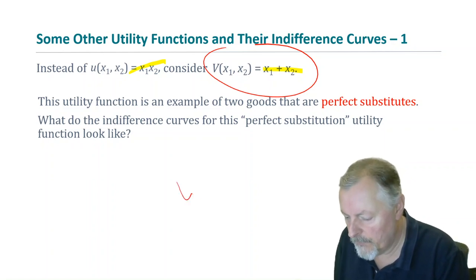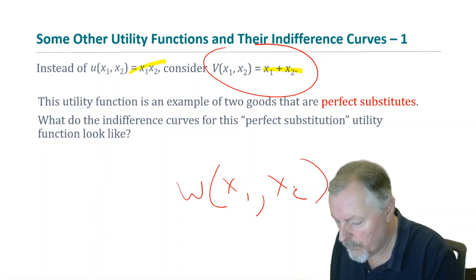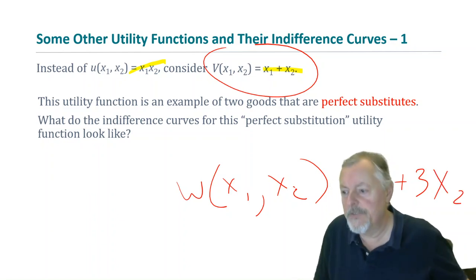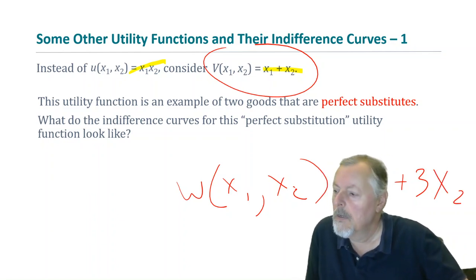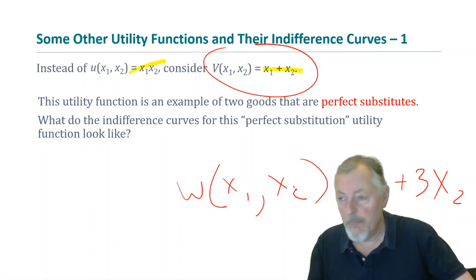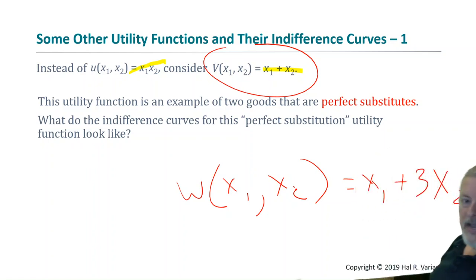you could have that utility function, where your utility is how many x1 you have, plus 3 times how many x2 you have.